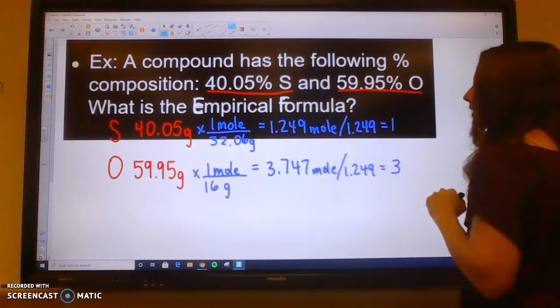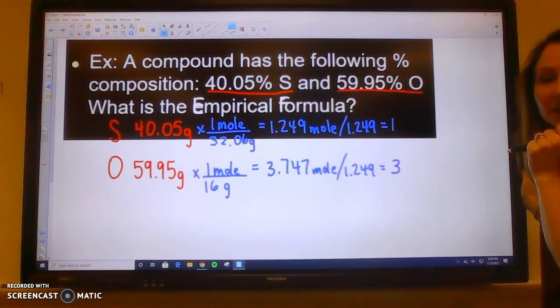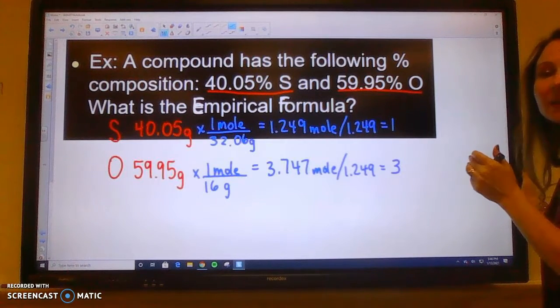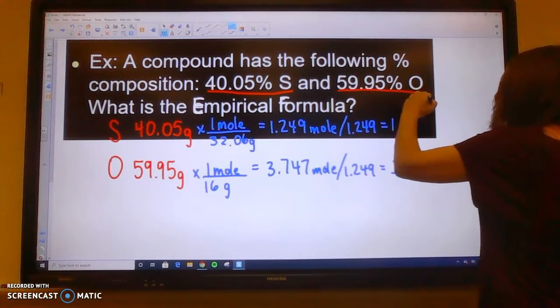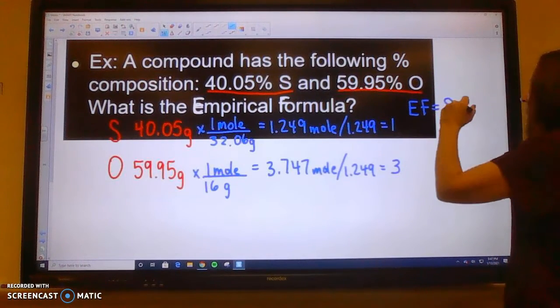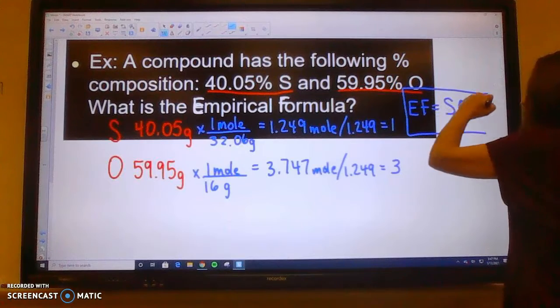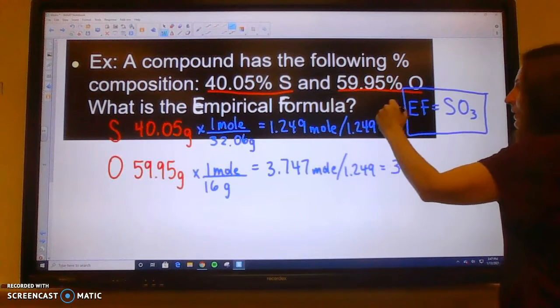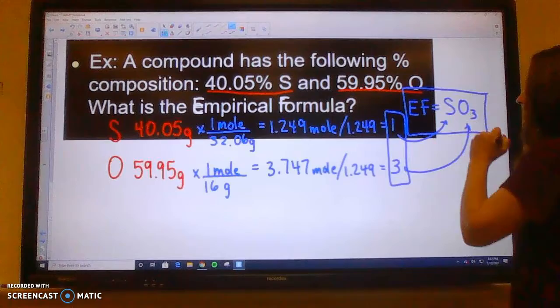So you would write a 3. Now, if these were not whole numbers, we would need to proceed to step 4. But in this case, conveniently, it is. So our empirical formula equals S with a subscript of 1 that we don't write in, O3. Again, these 2 numbers become the subscript numbers.